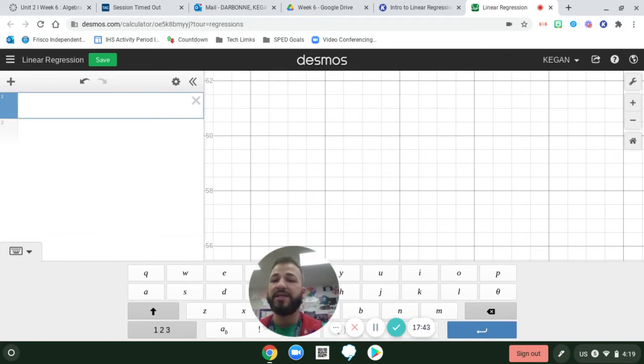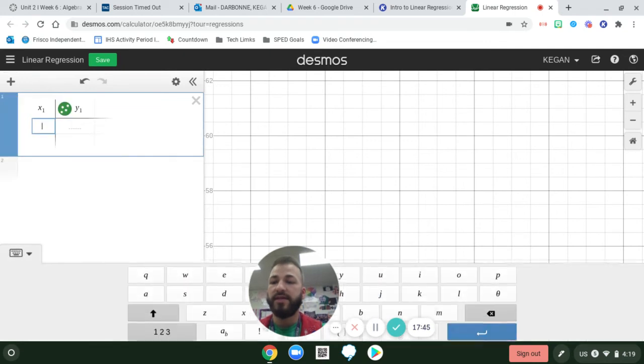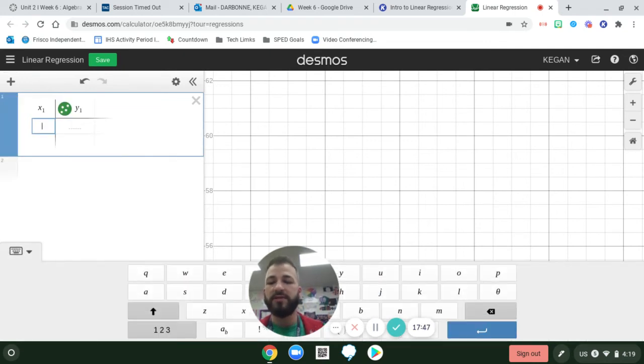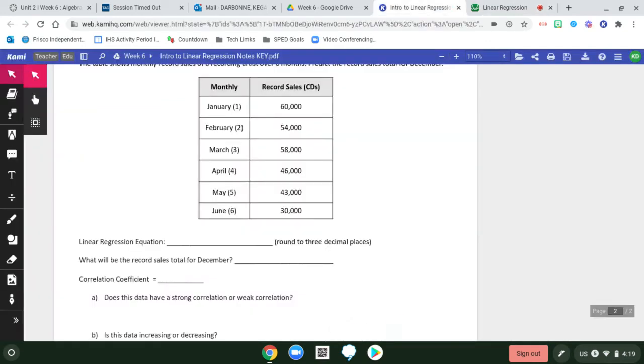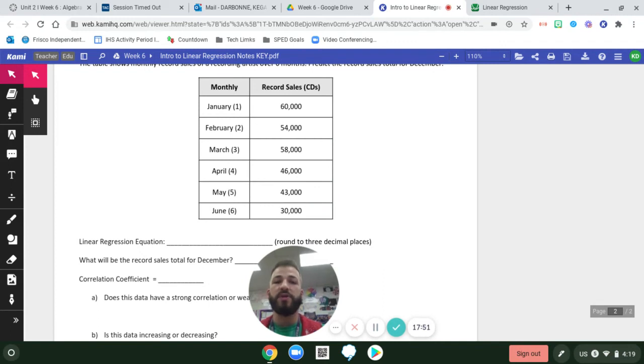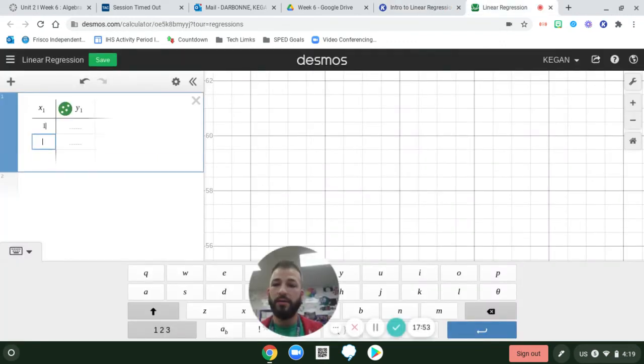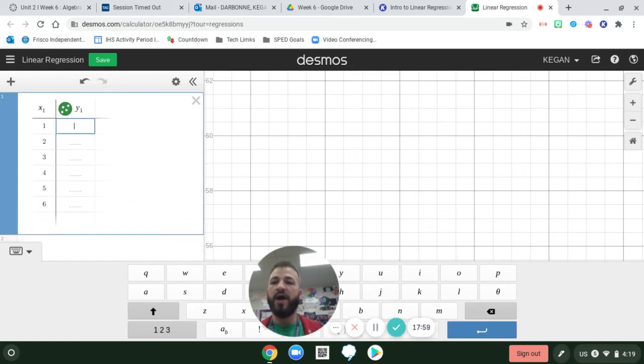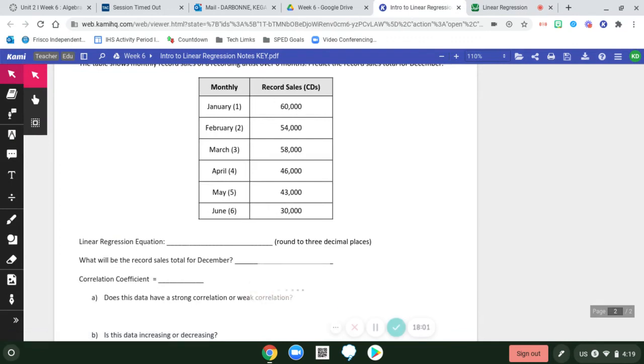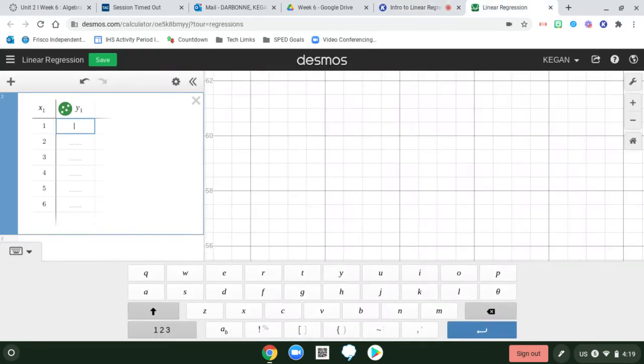So I want to add in my table, so plus sign, table, x1, y1. So x1 for our table is the month numbers, 1 through 6. So 1, 2, 3, 4, 5, and 6. And then our y values is the record sales, so 60,000.